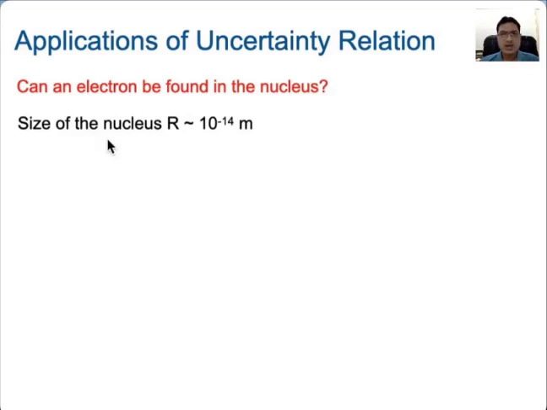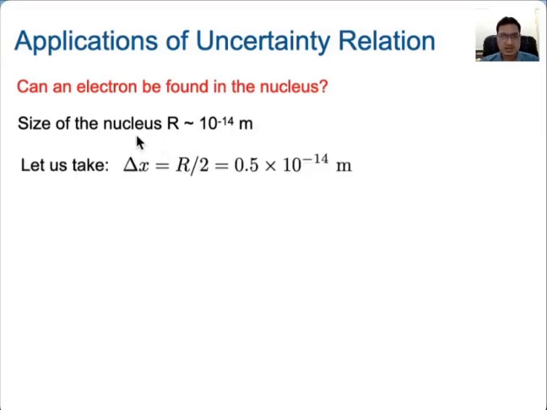Let's say the size of your nucleus is 10 to the power minus 14 meter. This is what I said in the previous lectures, the Fermi dimension, the nuclear dimension. This is like a diameter, so we take the radius and assign it as the uncertainty delta x, so delta x will be 0.5 times 10 to the power minus 14 meter.